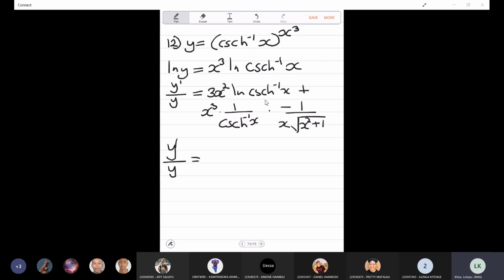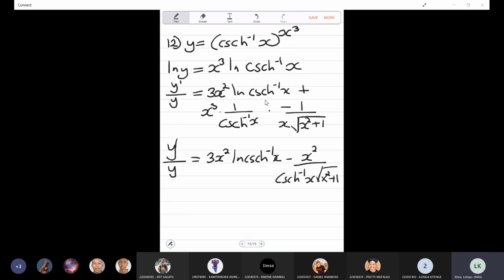This is equal to 3x squared ln of cosec hyperbolic inverse of x minus x squared over cosec hyperbolic inverse of x square root of x squared plus 1.